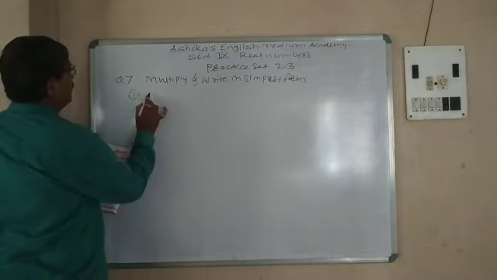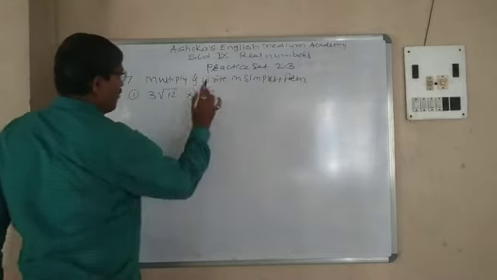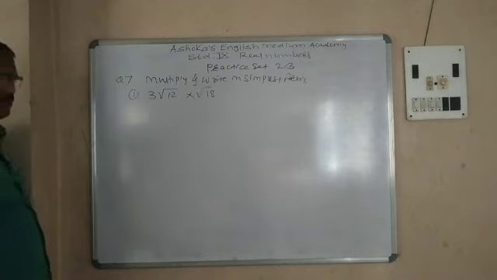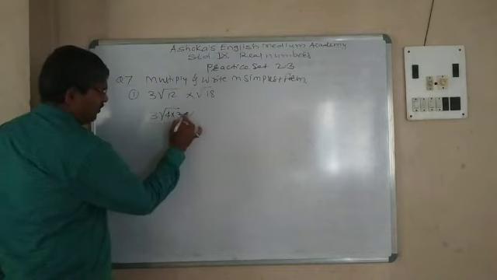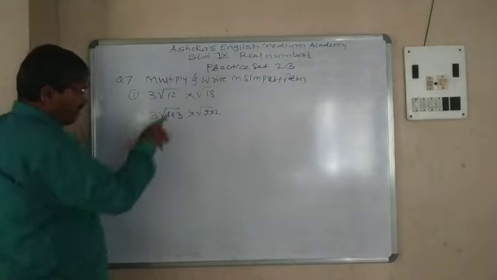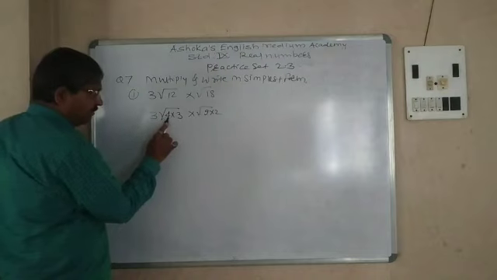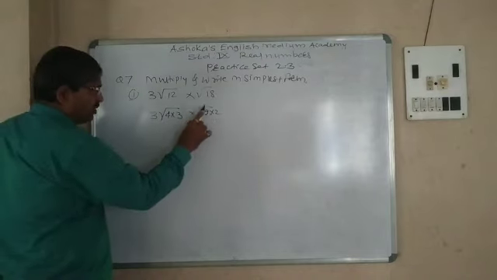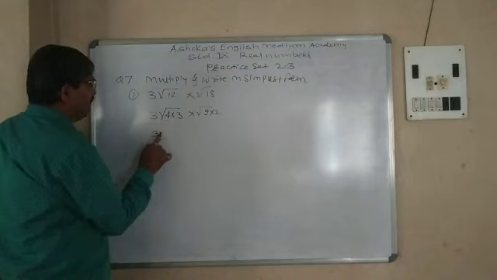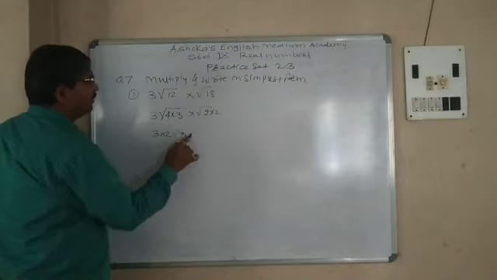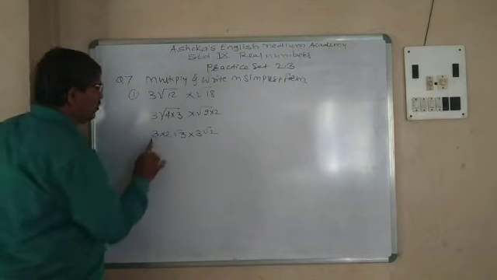First question, 3 under root 12 into under root 18. 3 into 4 into 3 into 9 into 2 is 18. 12 is treated in such a way that the number whose square root can be calculated is the bigger factor, and 18 is treated the same way. Now, the square root of 4 is 2, into root 3, into the square root of 9 which is 3, root 2.